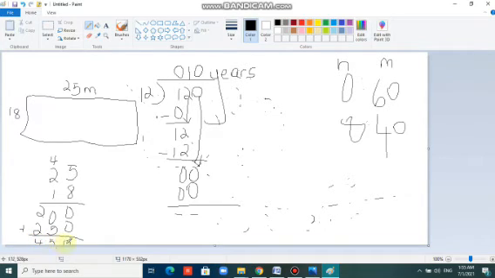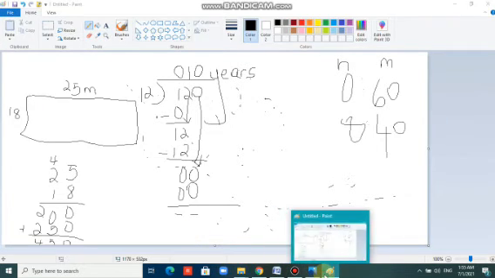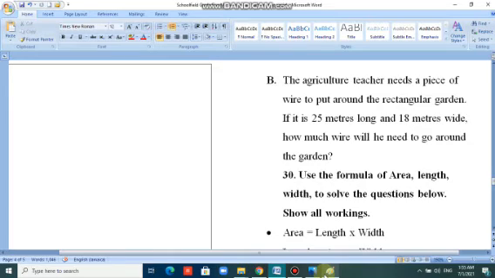Sorry about that, students. So it's 450. It's 450 is the answer. So it says how much wire will he need to go around the garden? 450 meter of wire. Alright?